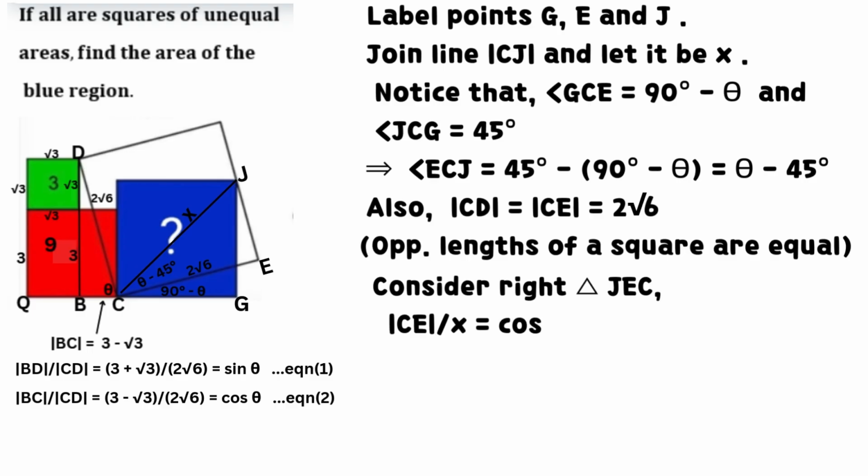Consider right triangle JEC. Line CE divided by X equals cosine of theta minus 45 degrees, which equals 2 times the square root of 6, all divided by X. We call it equation 3.